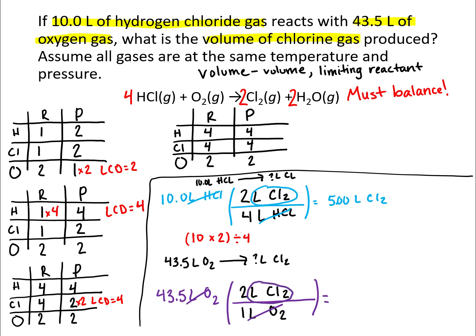So in your calculator, you take 43.5, you multiply by 2, now we have to choose which one makes the least amount of product.